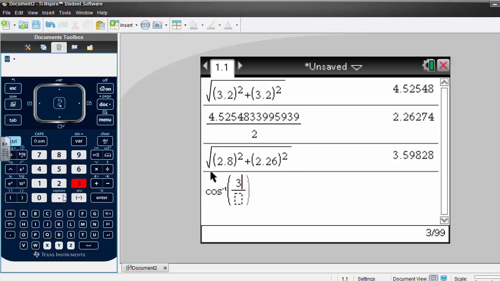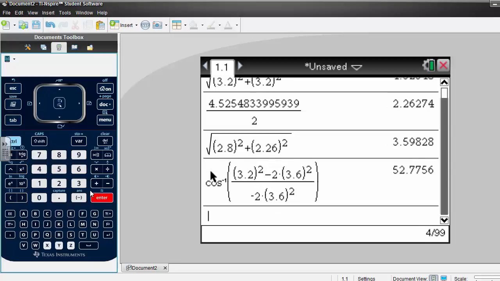This is going to be 3.2 squared minus 2 times, since there are two of them, 2 times 3.6 squared, divided by negative 2 times 3.6 squared again. I'm going to put this in parentheses. It may not be a bad idea. Then I'll close it up, and then I'll square that. And then we're going to figure out what this is. This is going to be that.